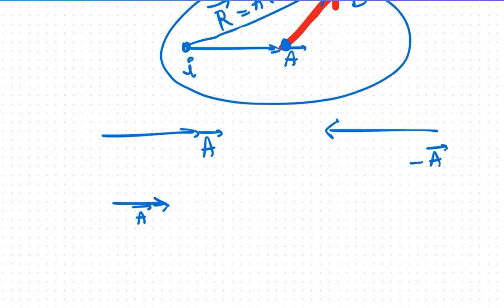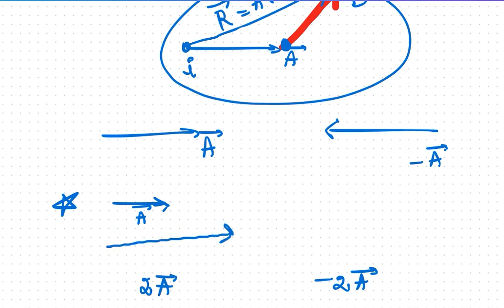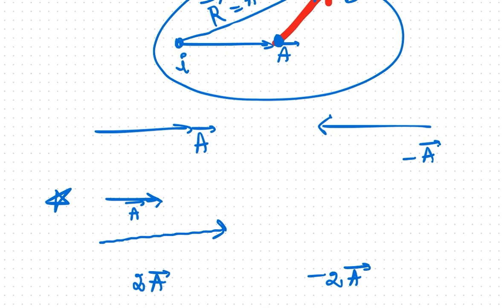Can you draw 2A vector and minus 2A vector? 2A would just be double. And negative 2A will be the same, double the length, but the other way. Yes, that's it.